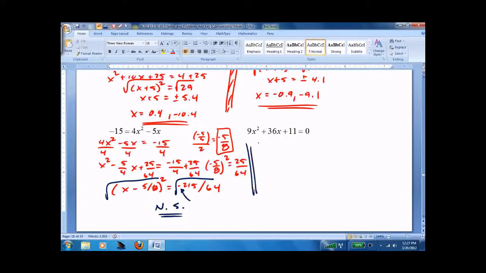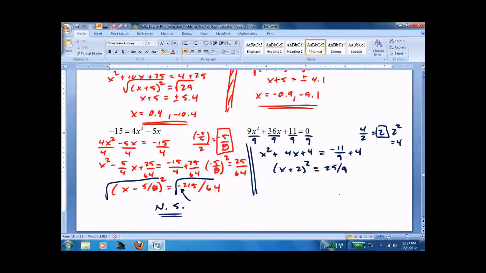Last one. Divide by 9. X squared plus 4x equals negative 11/9. 4 over 2 equals 2 in the box. 2 squared equals 4. Add to both sides. X plus 2 squared equals 25 over 9. Square root of both sides.